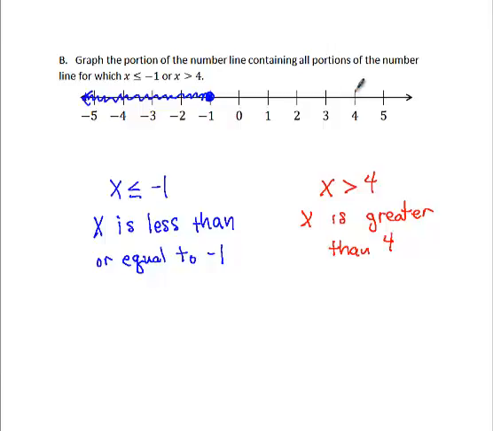We locate 4 and we put an open dot, and then we want numbers that are greater than 4, or in other words, numbers that are to the right of 4 on the number line. Now you can see that these two intervals, the blue and the red, share no common numbers. They don't share any numbers. These are negative 1 and below. These skip 4, anything larger, anything to the right.